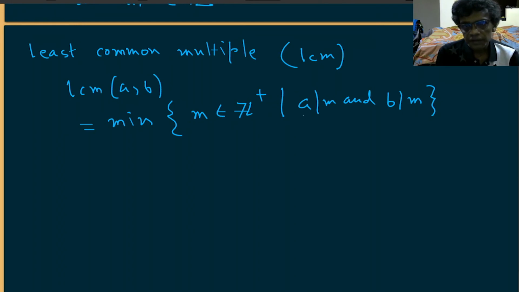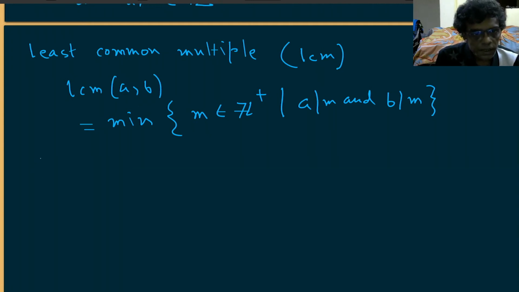Now, why is this set non-empty? Because, for example, it contains the product AB, which is a common multiple of A and B. Therefore, once again, by the well ordering principle, this has a minimum element, that is the LCM of A and B.